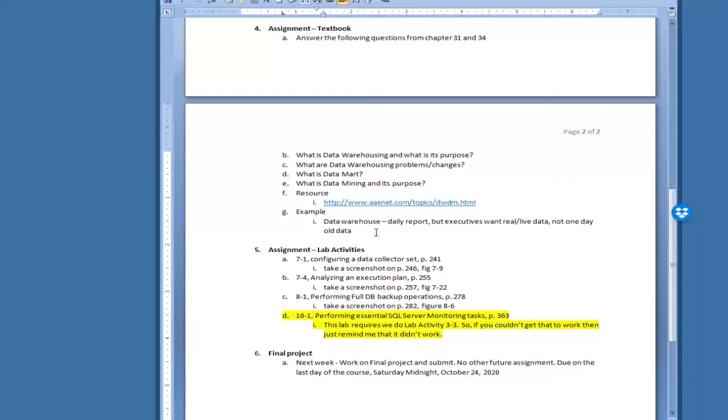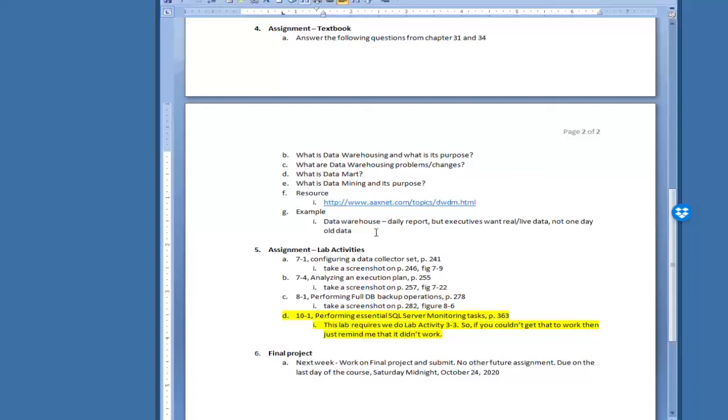For example, a revenue report or expense reports. And in the morning, that fresh report is provided to the senior executives. And so the report is run against the data warehouse rather than live data.